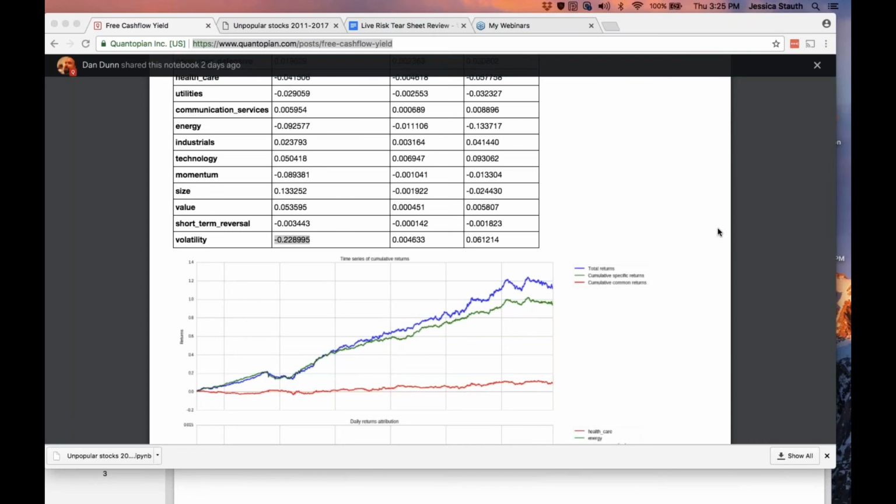So things like that can definitely work. We have not explicitly gone after enabling people to check every single factor, because we're a little bit worried about data mining there, and we're more interested in folks coming in with a more hypothesis-driven approach and trying to find more niche strategies.